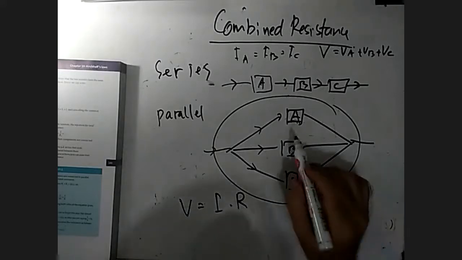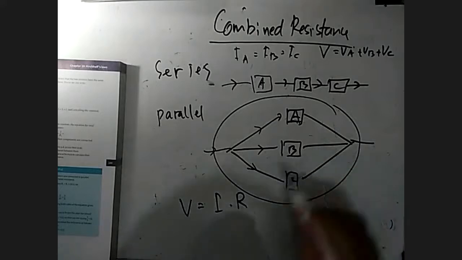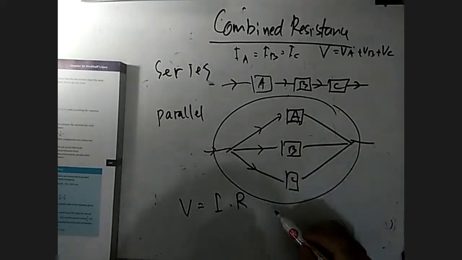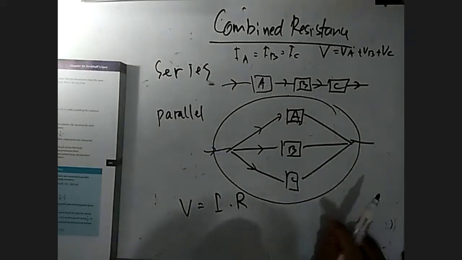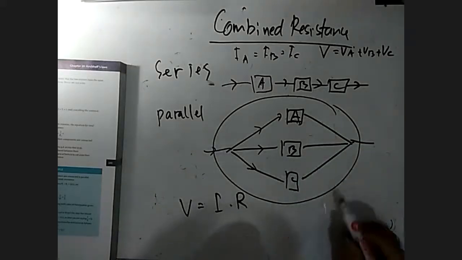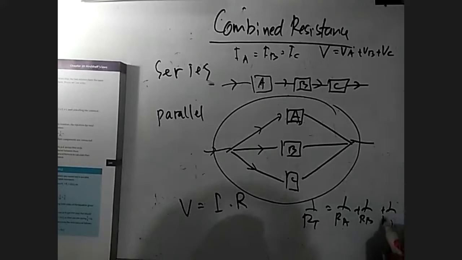The total resistance is going to be the reciprocal of the total reciprocal. 1 over R total is 1 over RA plus 1 over RB plus 1 over RC.